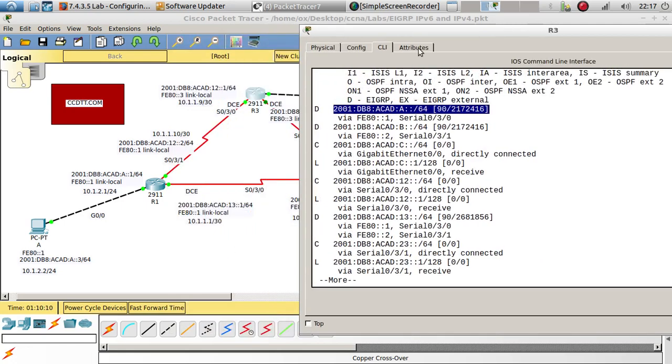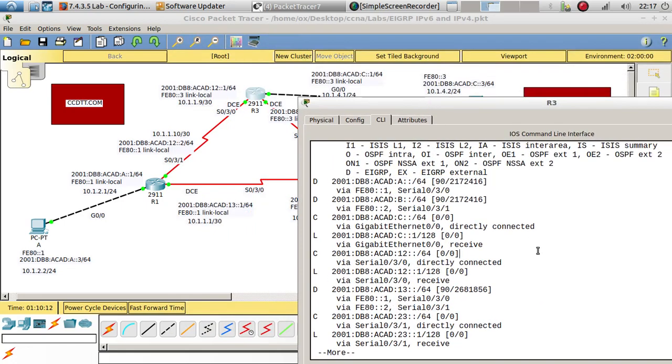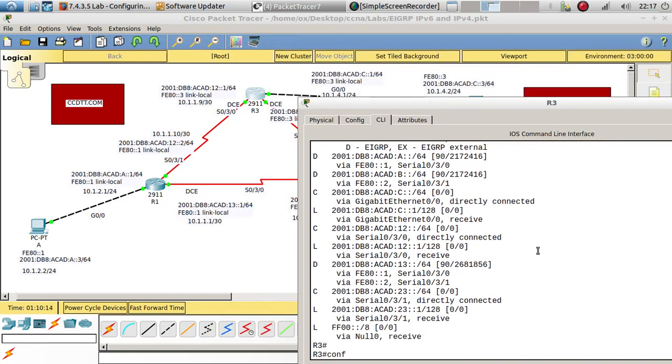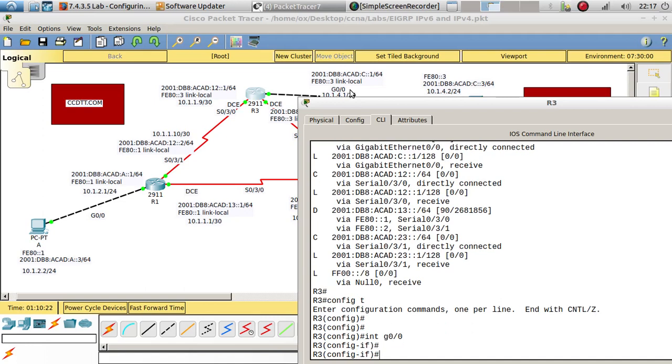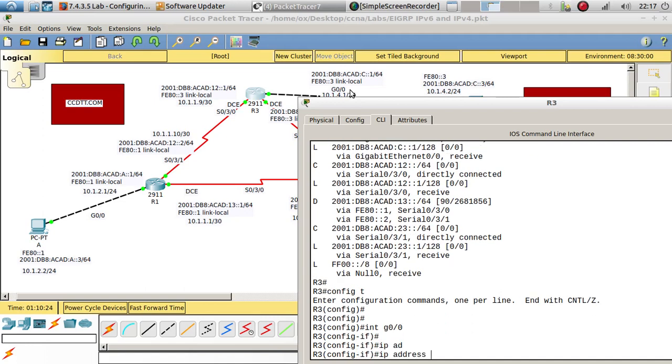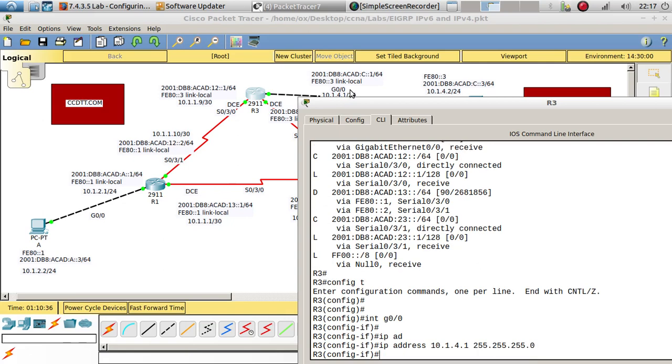Make this a little bit smaller, and let's go ahead and configure. Config T interface. The first interface that we're going to configure is gigabit 0/0. It's going to be IP address of 10.1.4.1 /24, I'm sorry.